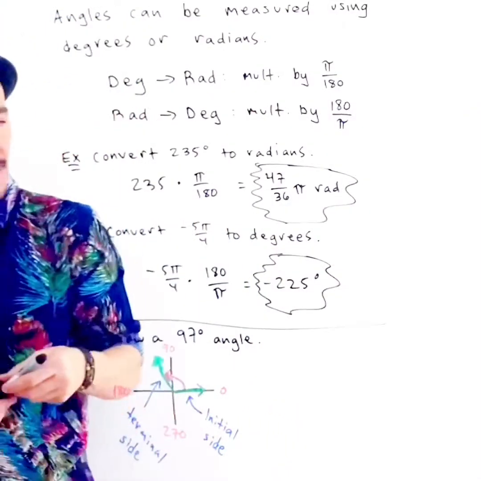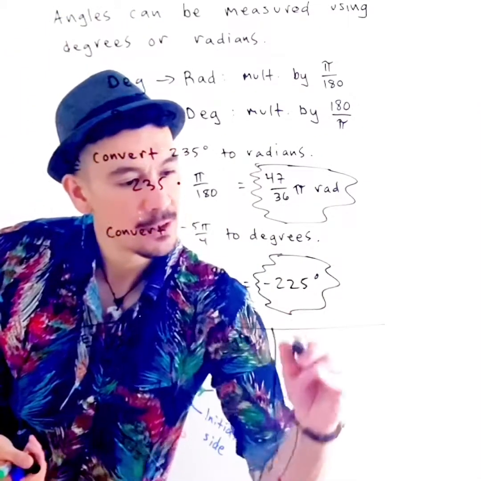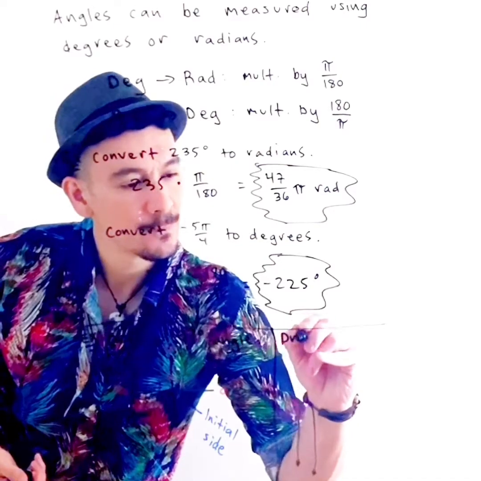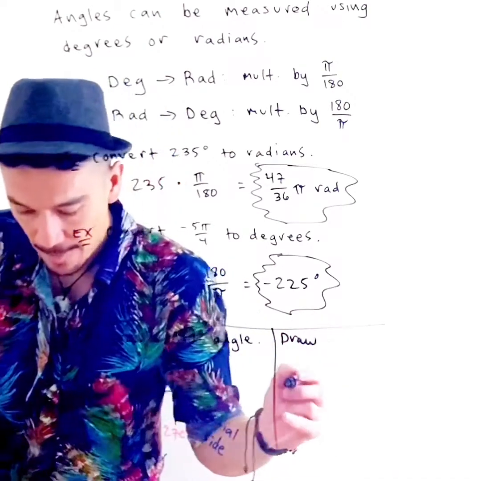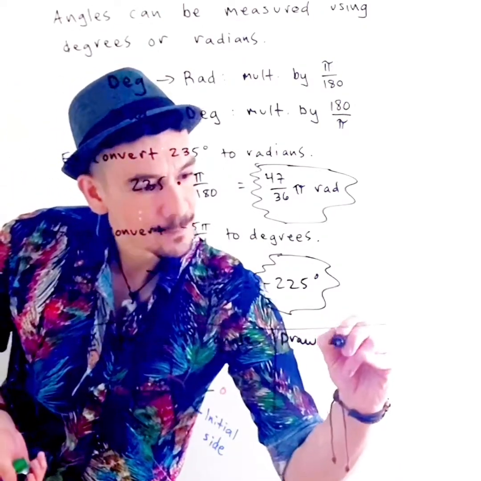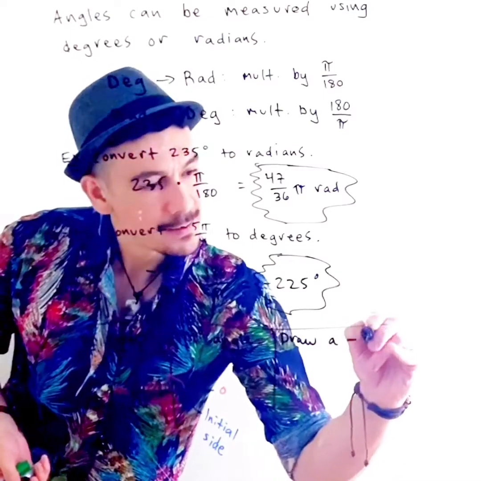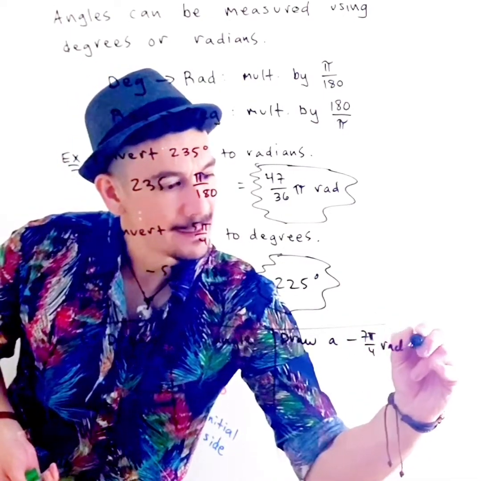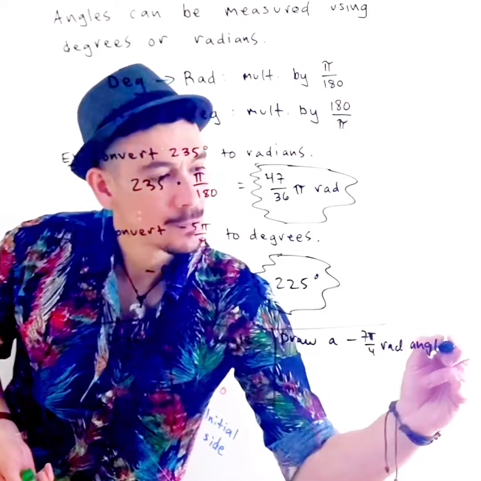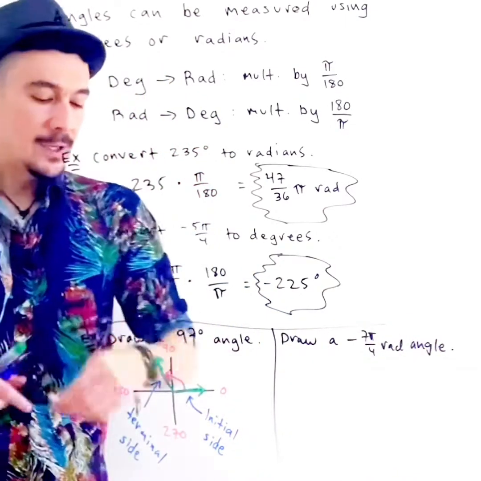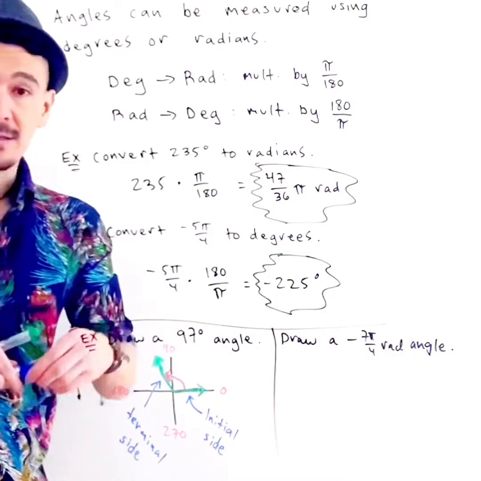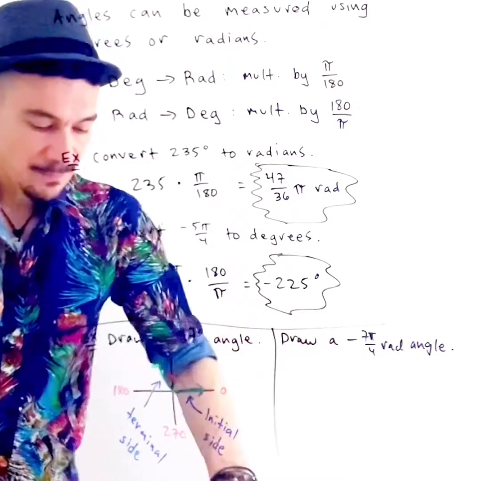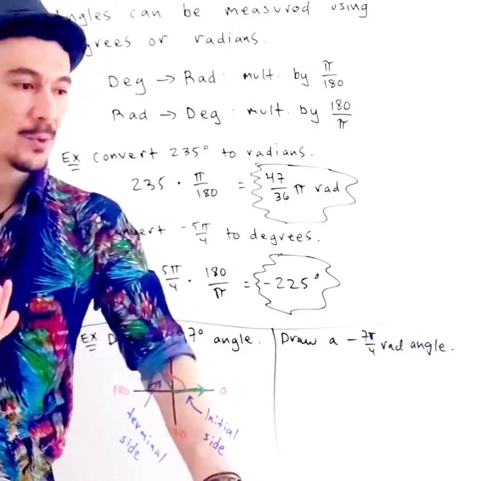Let's do one more. So how about something like this? Draw a negative 7 pi over 4 radian angle. Well, can we all agree that first I have to turn that into degrees because I have no idea what that is. So let's do some really quick scratch work off to the side.